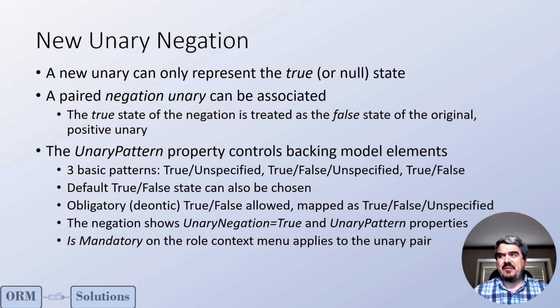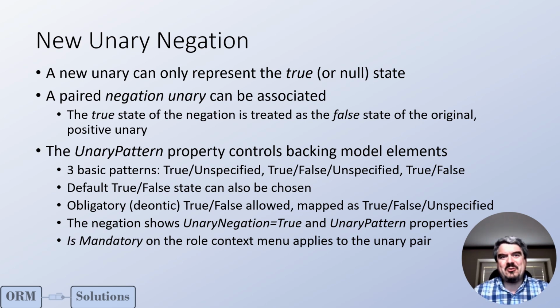You can then associate that positive unary with a unary negation, which is a completely separate fact type. Now we've added an ownership relationship in there, so you know that the negation is explicitly paired with the positive fact type, which has the true value. The other negation is just a normal unary fact type.